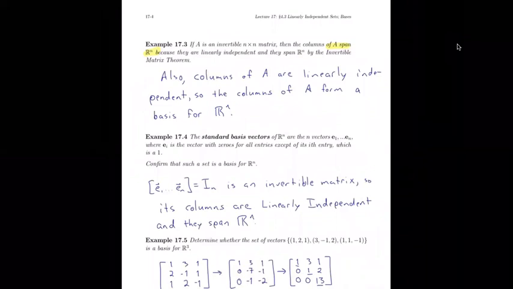Well, I guess this should not say that the columns of A span Rn. The columns of A are a basis for Rn because they are linearly independent and they span Rn. Both of these facts come about by the invertible matrix theorem. So the language there kind of got me for a minute. Columns of A form a basis.